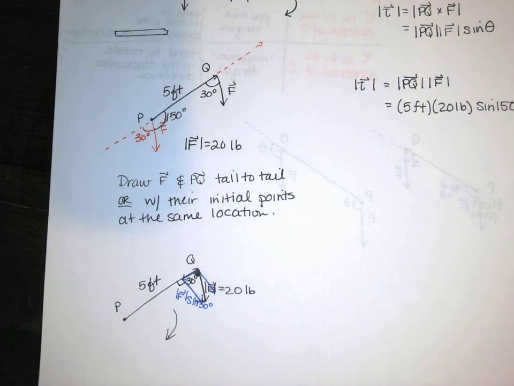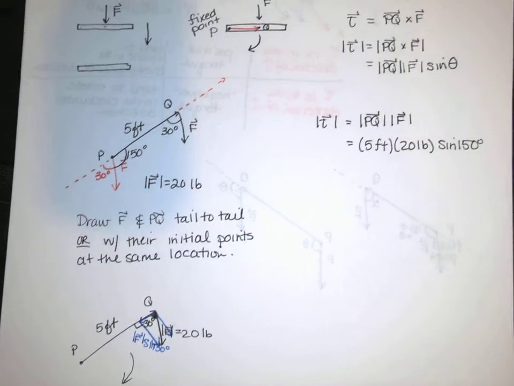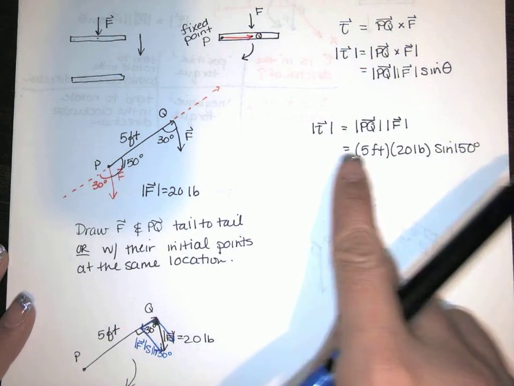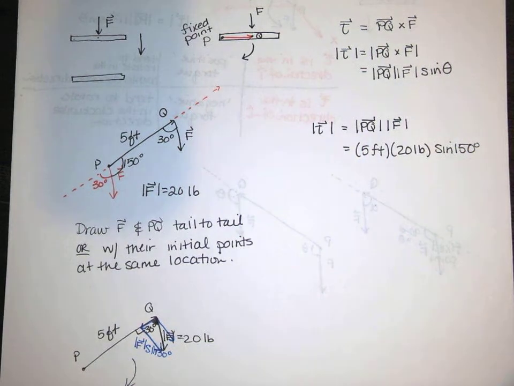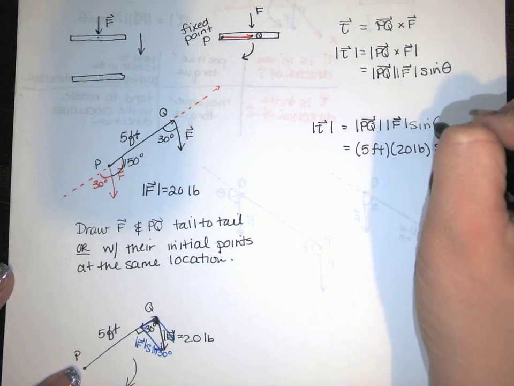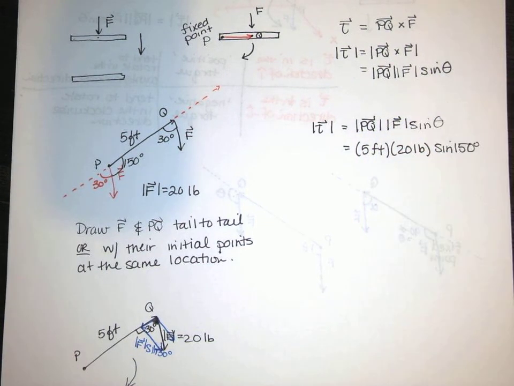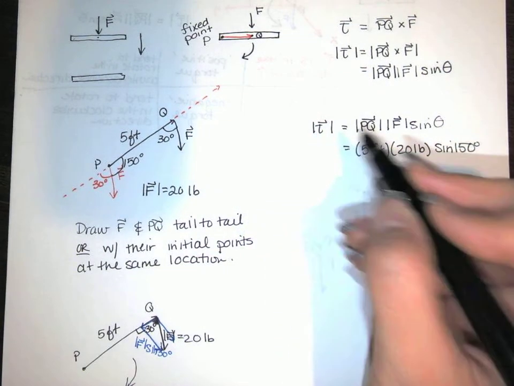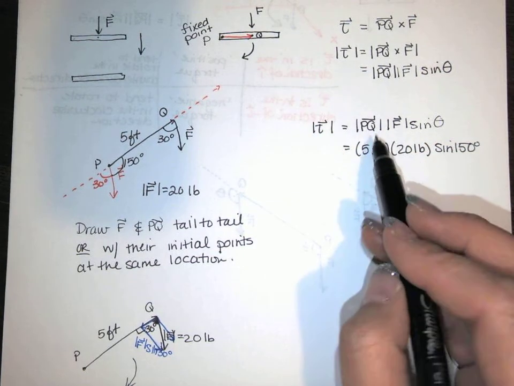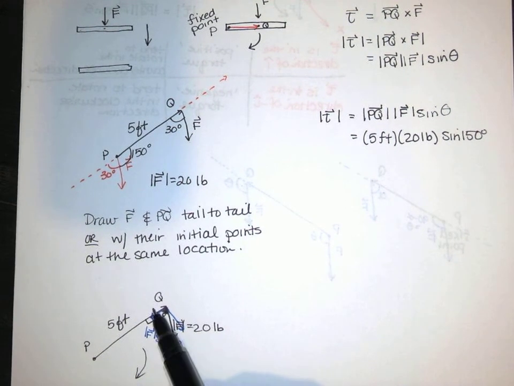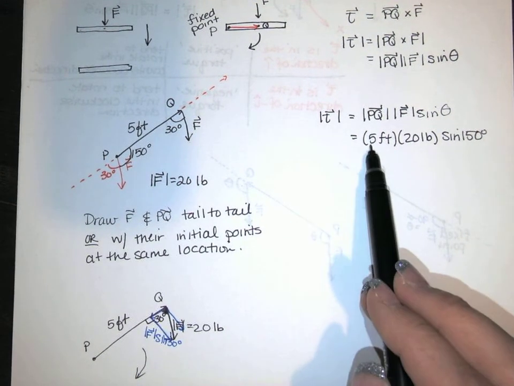So now let's return to our formula. When we said our measure of that tendency to rotate was the length of PQ times the length of F, and I forgot to write it, times the sine of the angle between them, what we were really saying is, well, this tendency to rotate is proportional to the length of the moment arm. If you go farther away, the tendency to rotate is greater.